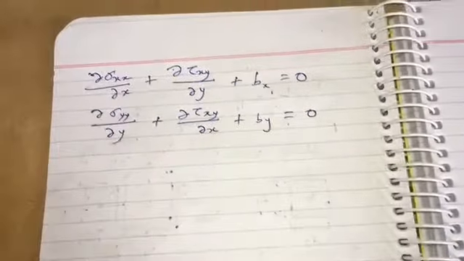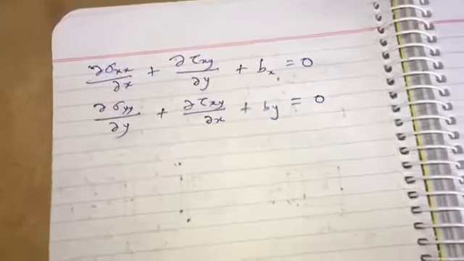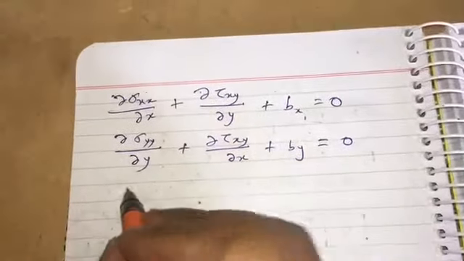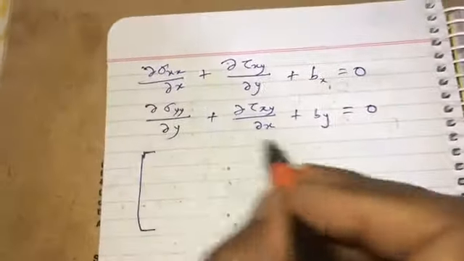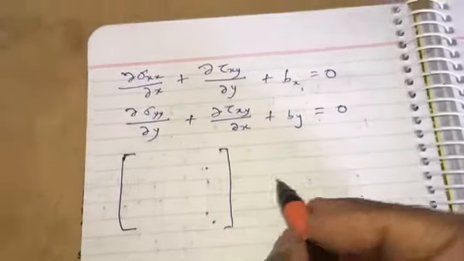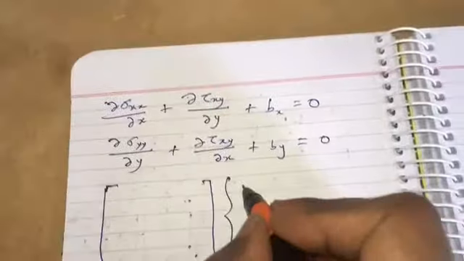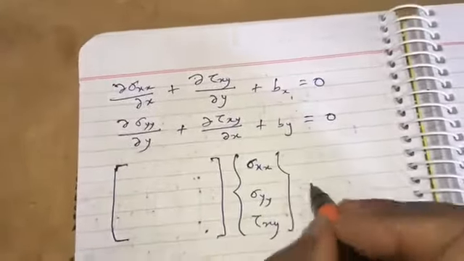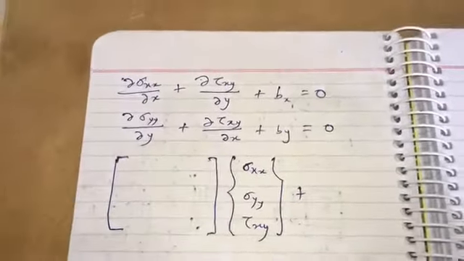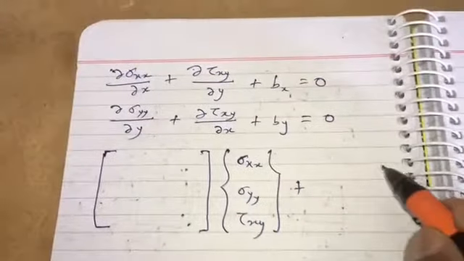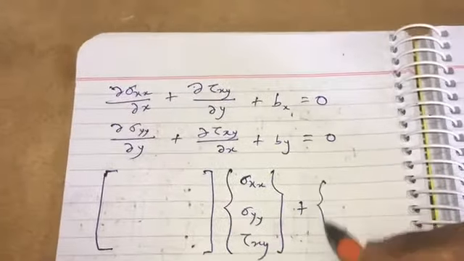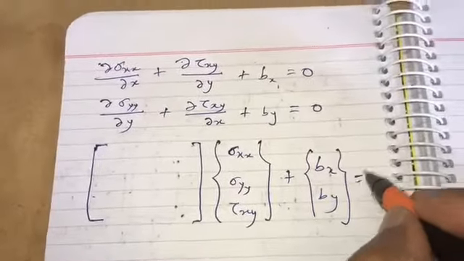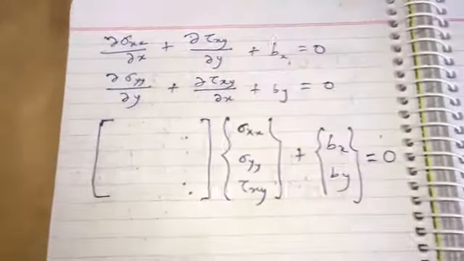Or we can also write it in matrix form, and how will we write? There will be some operator matrix here, and here we will have sigma xx, sigma yy and tau xy, plus we will have bx term here, by term here, and that will be equal to 0.